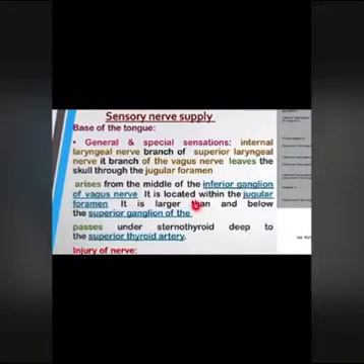Sensory nerve supply. Base of the tongue. General and special sensation is supplied by the internal laryngeal nerve, a branch of the superior laryngeal nerve, a branch of the vagus nerve. It leaves the skull through the jugular foramen.